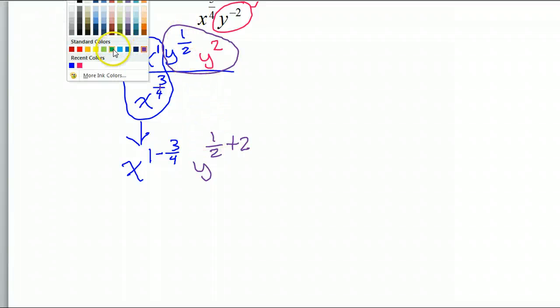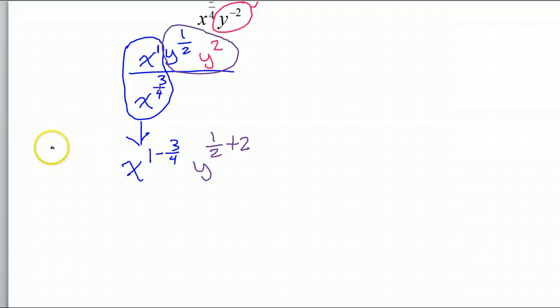So, like denominators and stuff. Off to the side, when I do 1 minus 3/4, first of all, this 1 is like 1 over 1. I need like denominators, so I could just multiply by 4.